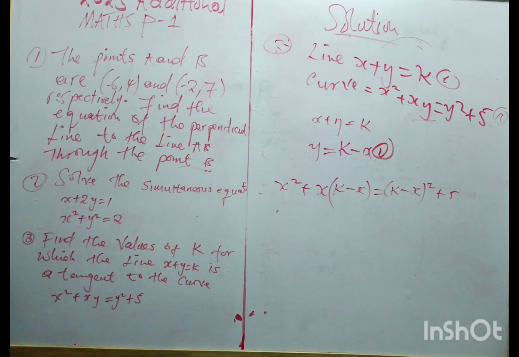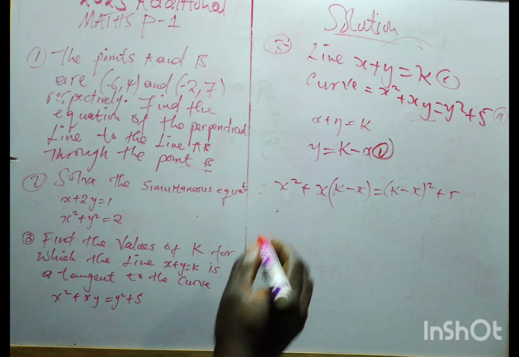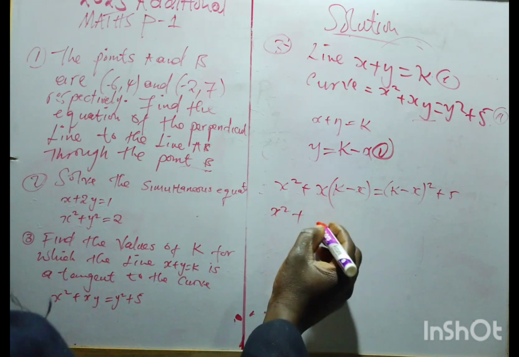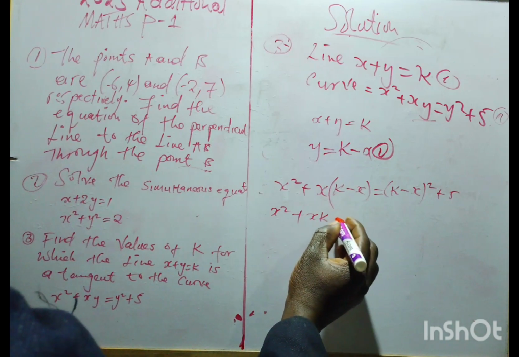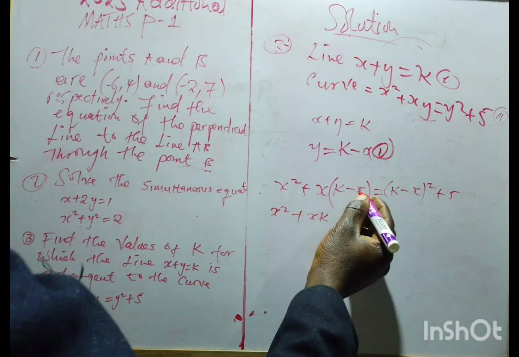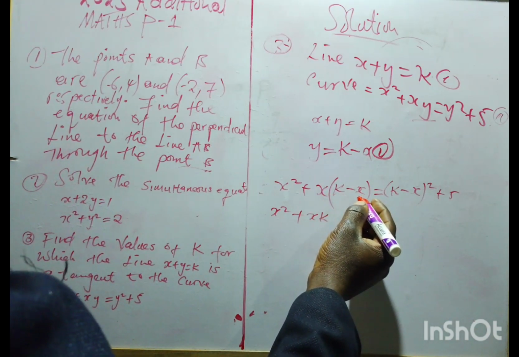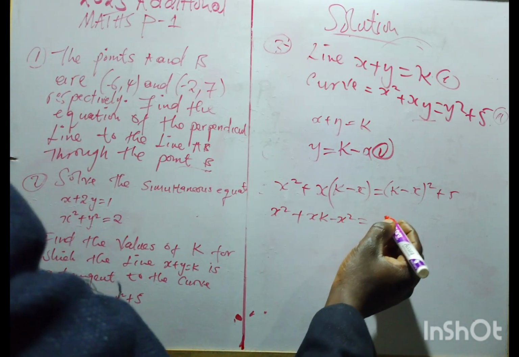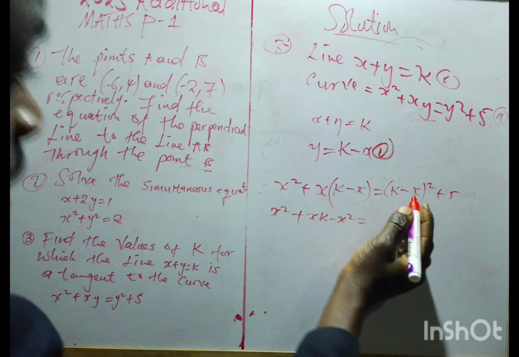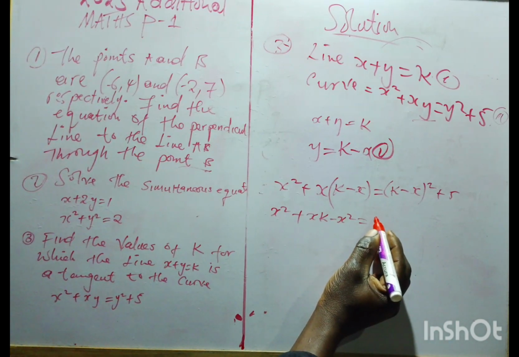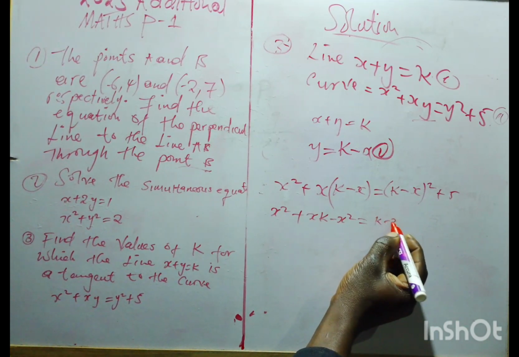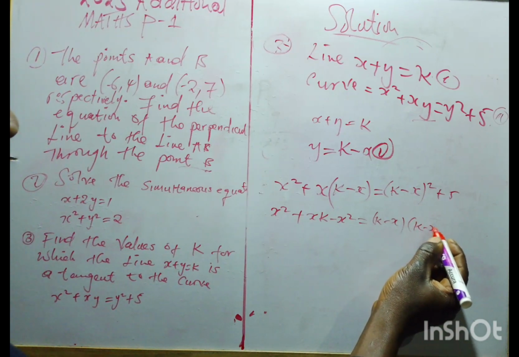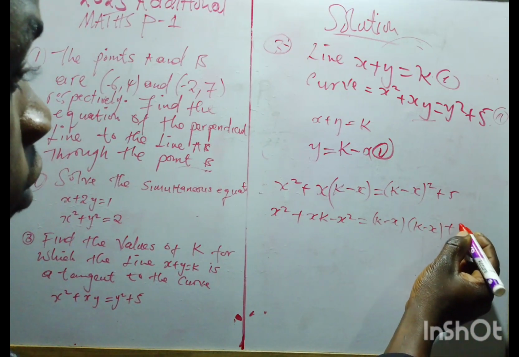Okay, so now we can expand out, in which we're going to have x squared, then plus x times k, we're going to have xk, then x times the minus x, you're going to have minus x squared, which should be equal to, so we are going to expand this term here, which should be k minus x in the bracket, then k minus x in the bracket, and plus 5.